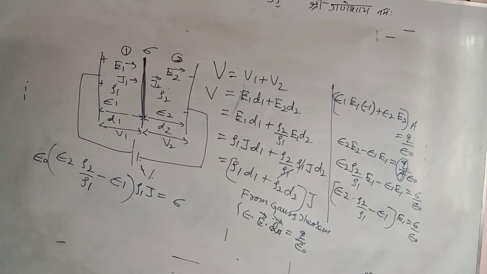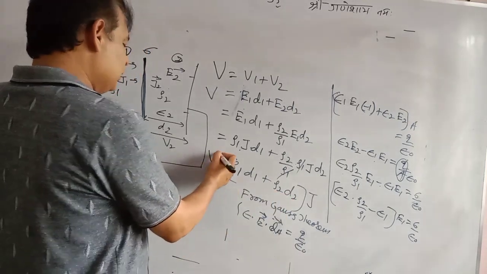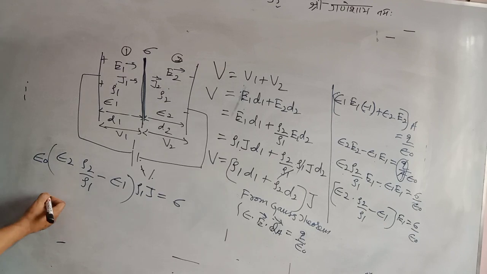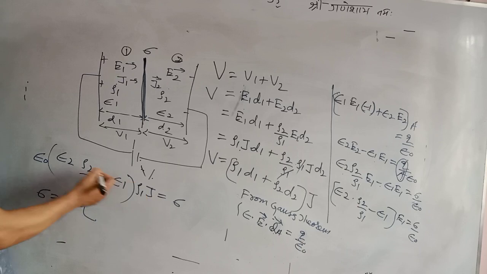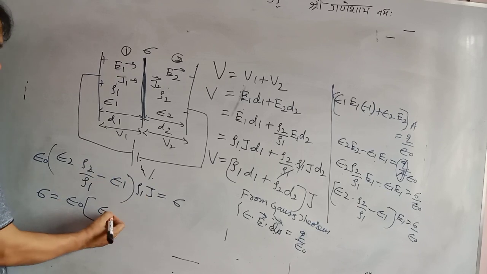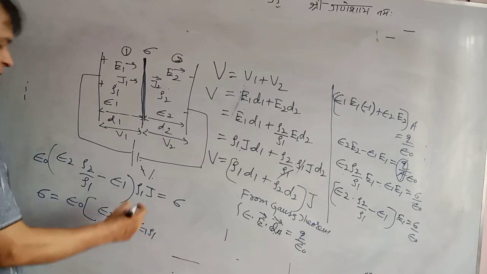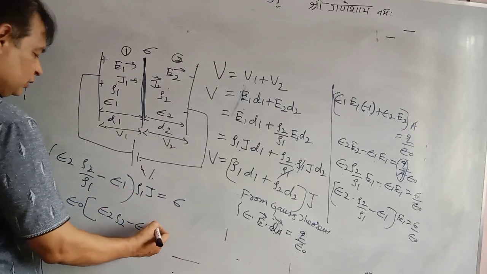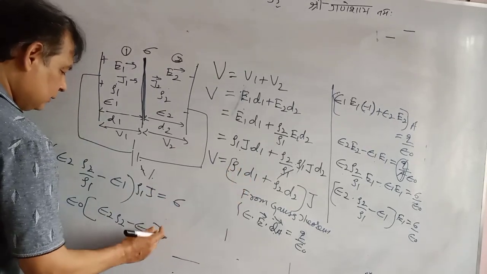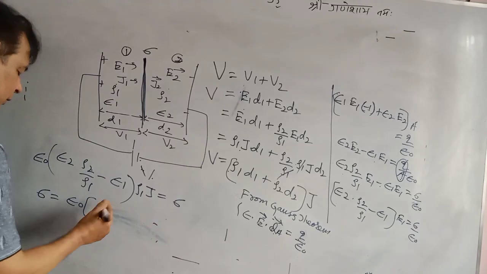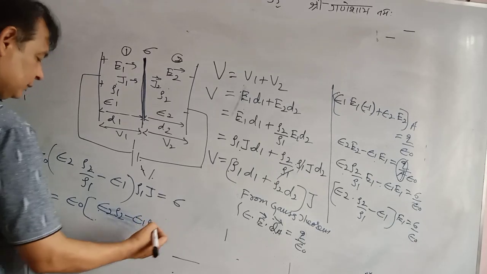We can put the value of j here in terms of applied potential V. So this sigma is equal to epsilon naught, rho 1 multiplied here, j2 rho 2 minus j1 rho 1.